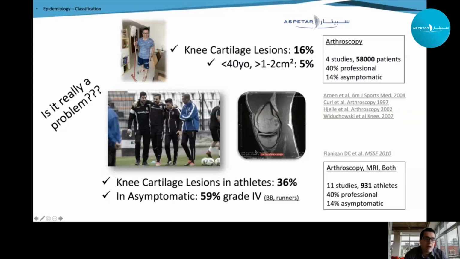During this coronavirus crisis, we are not dealing with sports ourselves. So being a sedentary person myself in this period, published studies show that knee cartilage lesions found during arthroscopy, for any reason, are up to 16%.